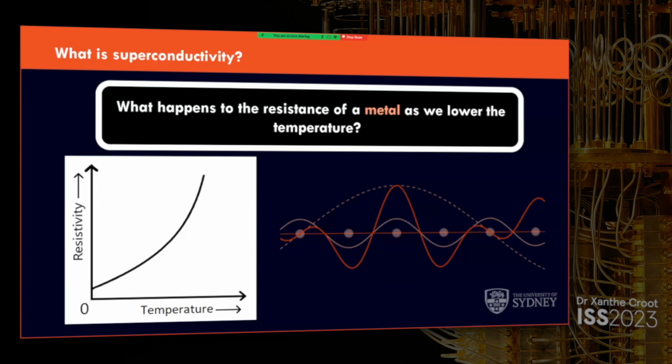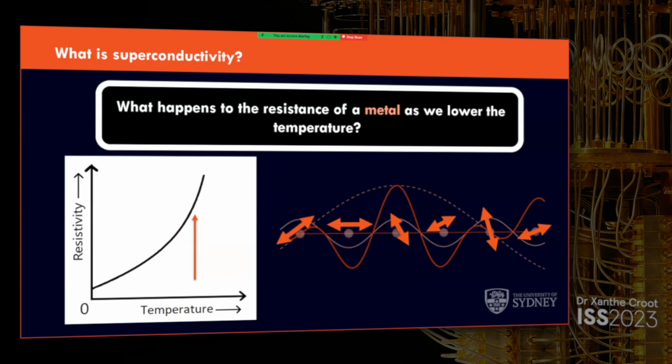Yeah, that's a great answer. For those of you who didn't hear that, I will just recap. At high temperature, the lattice is hot and the ions are moving around. This means that the electrons, with their wave-like nature, don't have a completely perfect lattice to move through as a wave.